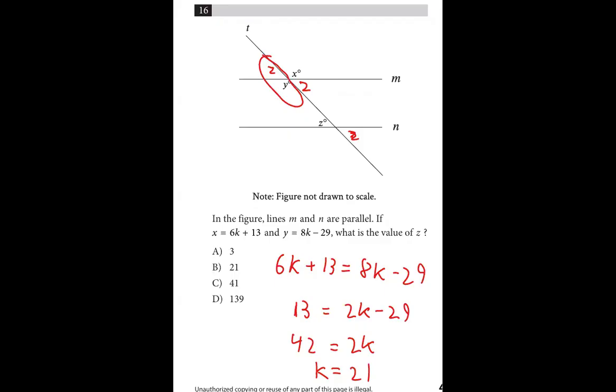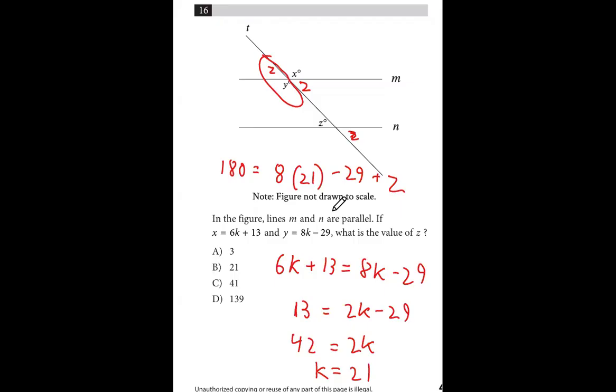So we have 180 is equal to Y, which is 8 times K, which is 21, minus 29, plus Z. We need to find Z. We multiply 8 times 21 and then subtract 29.